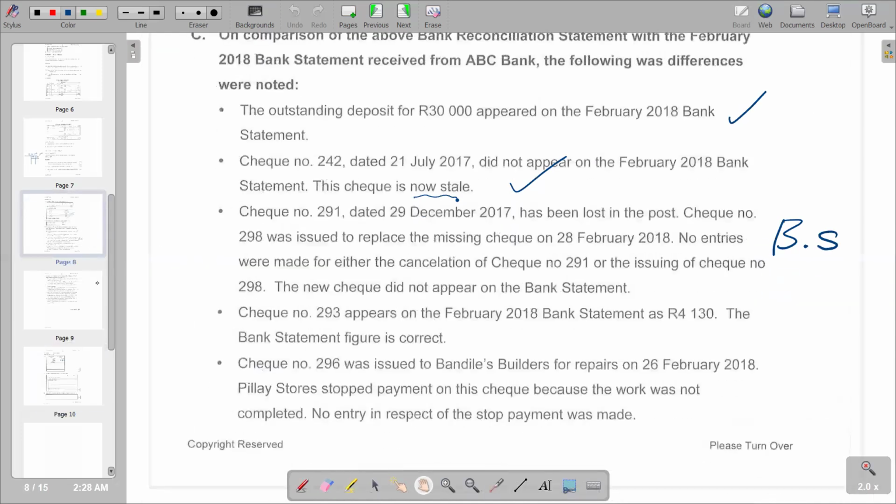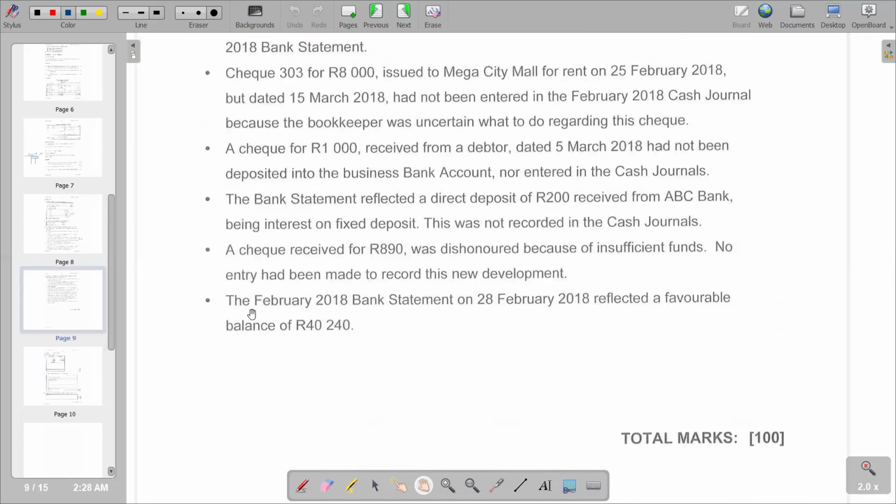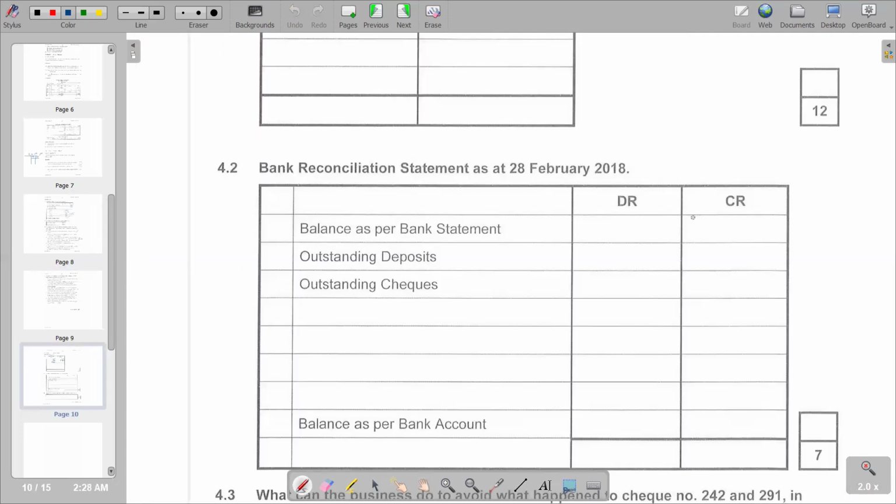We are supposed to be given that information. If you go to the last point, the bank statement on 28th February 2018 reflected a favorable balance of 40,240. So favorable means it's a credit balance. So we're going to put it on the credit side.